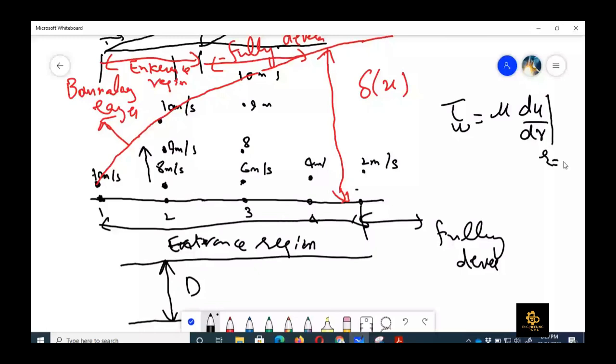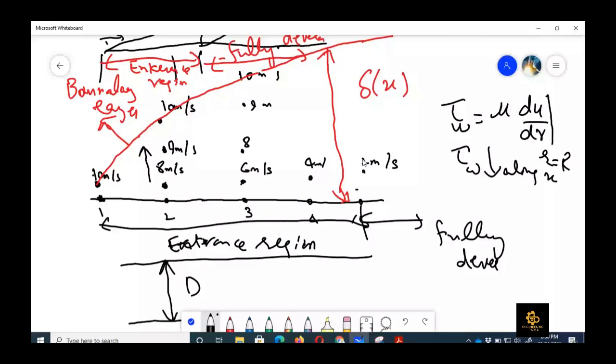The value of du/dr is maximum at the entrance, because the velocity change is maximum between the first and second layer of the molecule. And this du/dr decreases as we move on, because here it was 10 minus 0, here 8 minus 0, then 6 minus 0, 4 minus 0, and 2 minus 0. So this tau omega decreases along x in the entrance region, and its value becomes constant in the fully developed region.